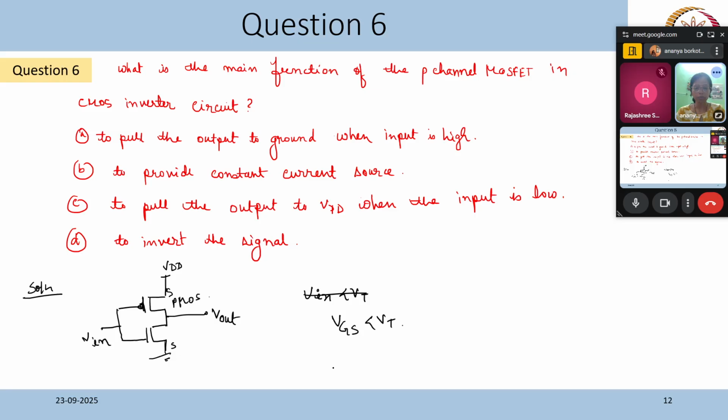Vt is negative, say -1 volt. Say this VDD is 5 volts, and we are applying 0 volt initially as the input voltage.